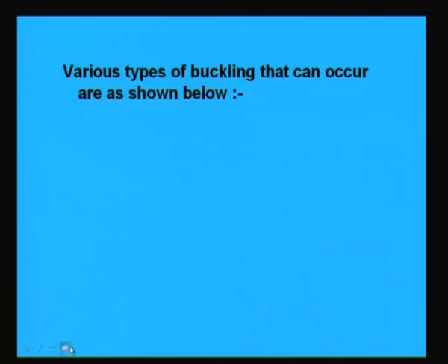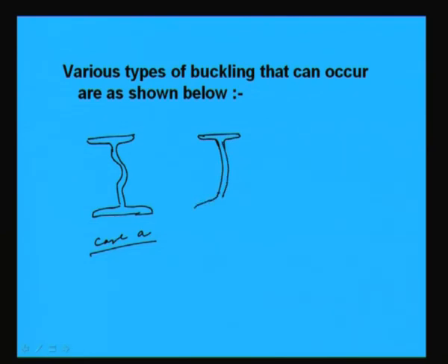Now, what are the types of web buckling? Let us see. This is one case where the web may buckle like this. This is case A. Another case is, say, it may buckle something like this.